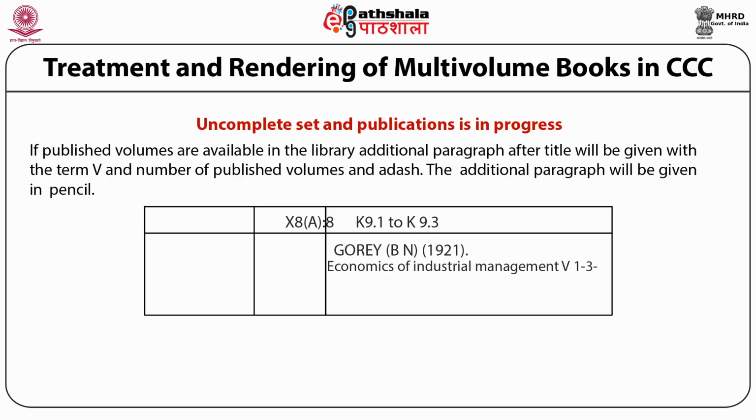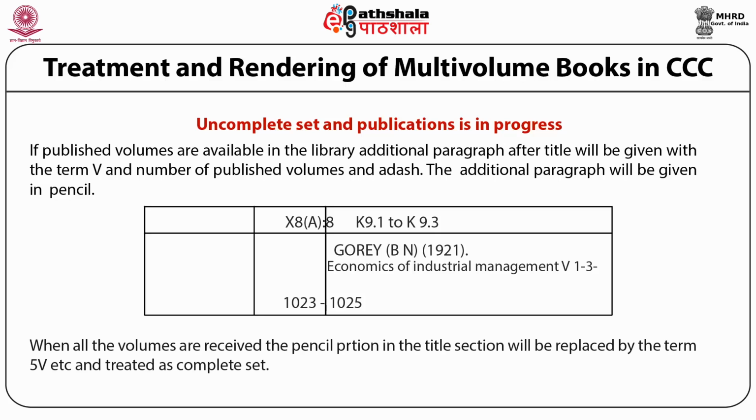As and when the set is completed, this will be corrected. And in accession number section, accession number of the present 3 volumes 1023-1025 is given. As and when the set is completed, its accession number will also be added.